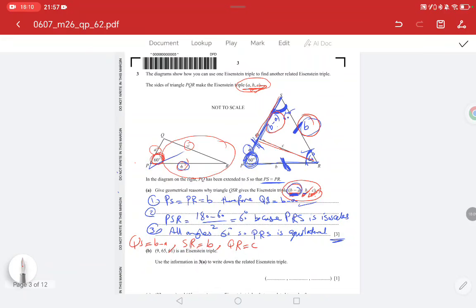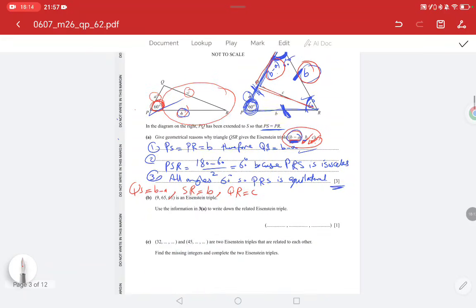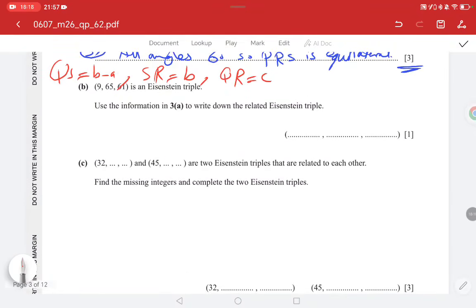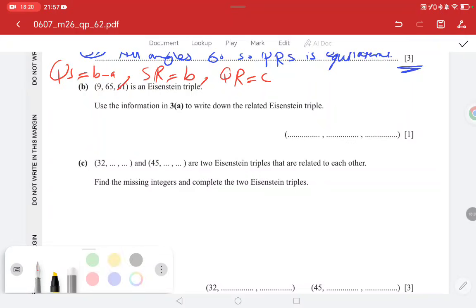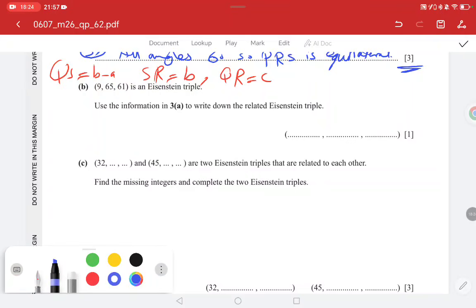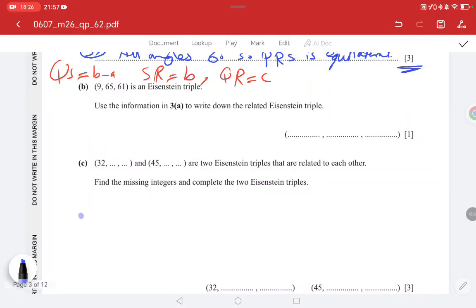I tried to explain this one like for a long time to be clear for you the idea. Okay, now let's go to 1 point question. So in this question we have another triple, 9 65 61.